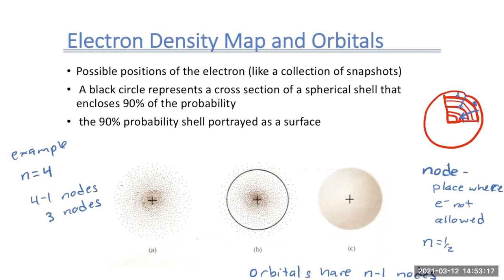We start to figure out probability shells or probability maps of where the electrons can be. And then in our next video, we'll look a lot closer at these orbitals and actually discuss more about these probability maps and how they look different for different n levels.